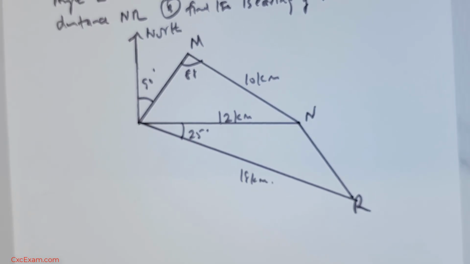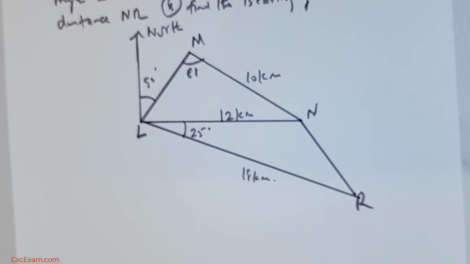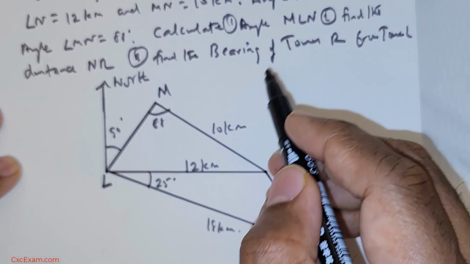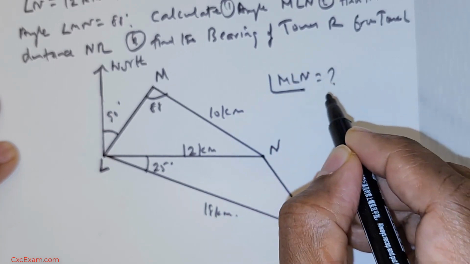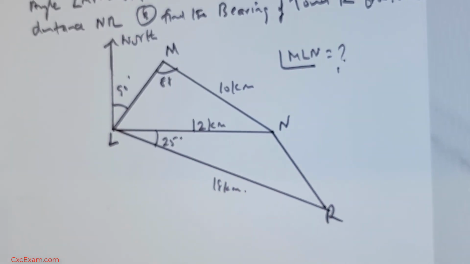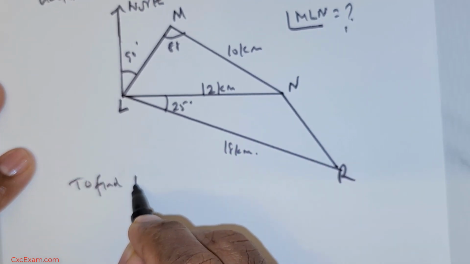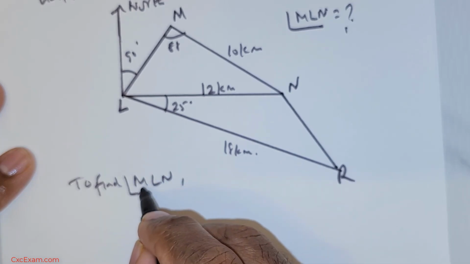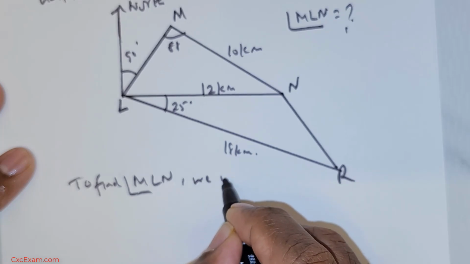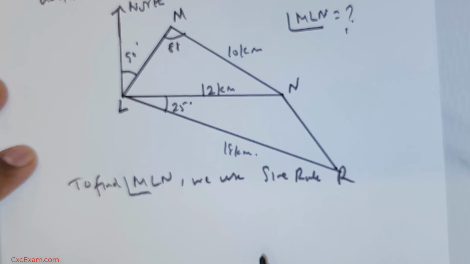Okay, so foremost, this point is L, we will have to find MLN. Find MLN. This is needed. So to find angle MLN, we use the sine rule. Okay, so this angle is needed.